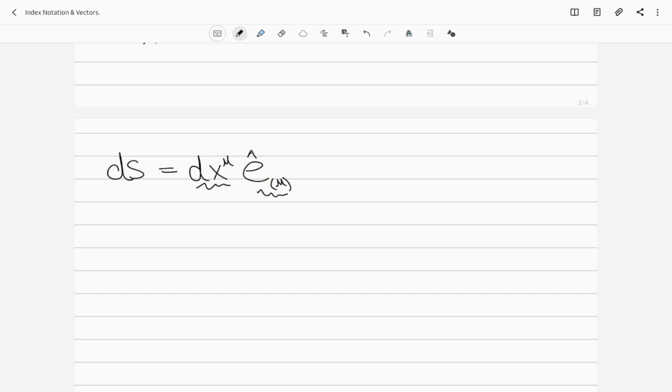Let me draw this over here: this one is your x1 and this is your x2. The labels tell you the direction that we're talking about. So we'll have e hat 2 over here, and this direction is e hat 1.